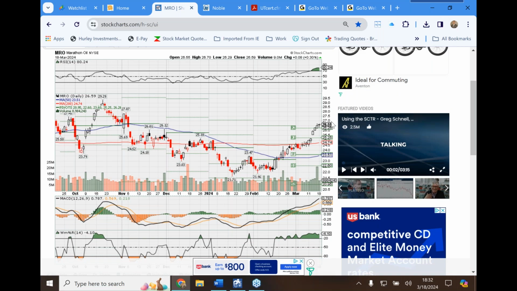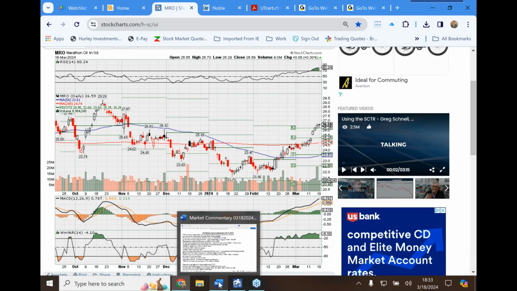We got in at this sucker right in this time frame. We did amazing for MRO. It's moved. Can it still move farther? Yes. Is it overbought? Yes. With that said, we've let MRO, for the most part, run.